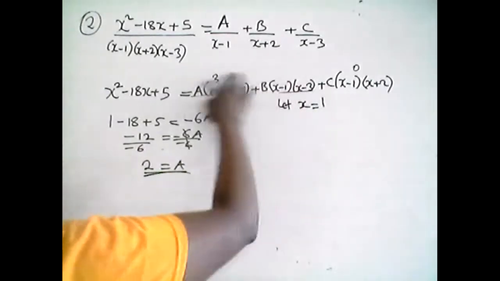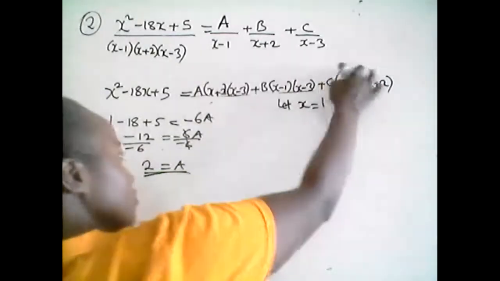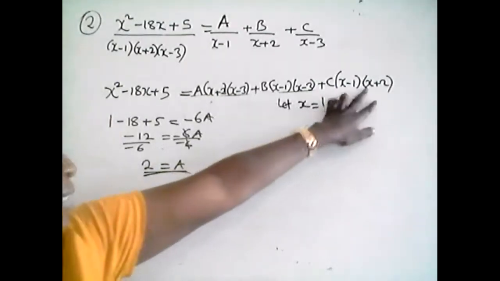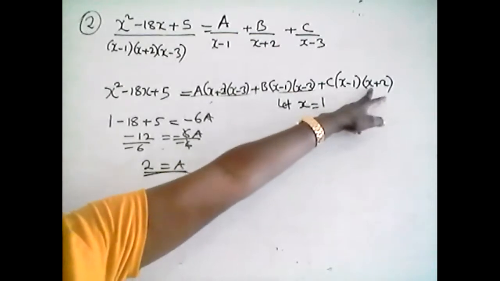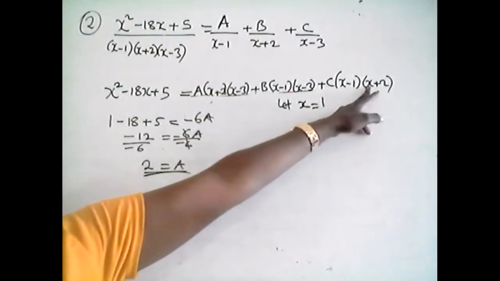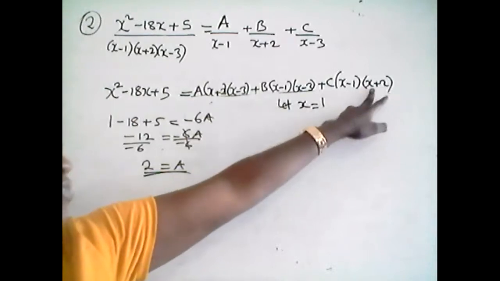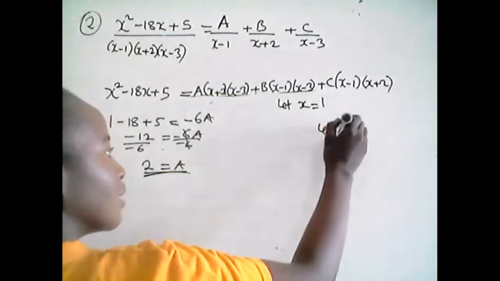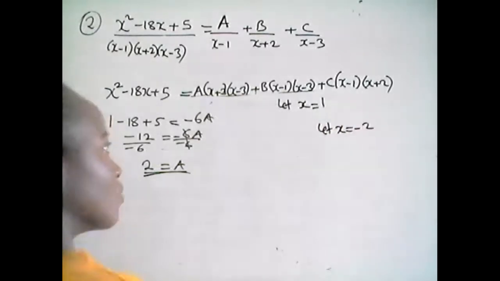Again, I can remove this. After finding the value of A, I can again let x be something. Here I want to make this a 0. For me to make this a 0, it's just a matter of letting x equal -2. So -2 + 2 will give me a 0. So let x equal -2.